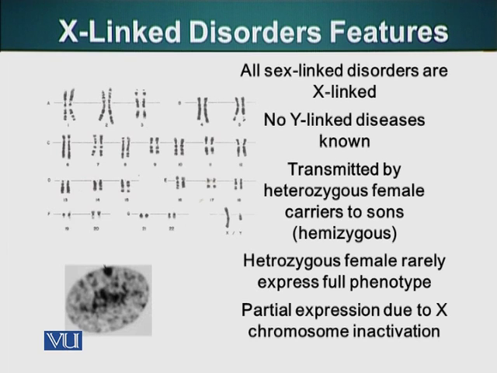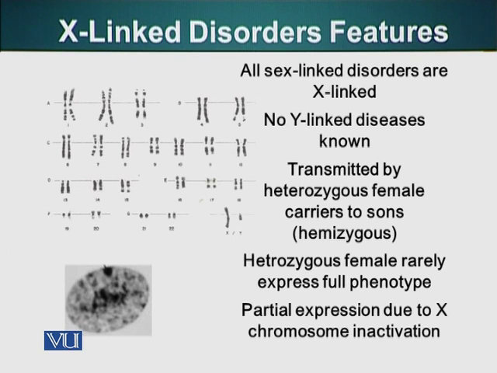So nature has evolved a mechanism in which one of the female X chromosomes is inactivated. This is dosage compensation, meaning that one X chromosome becomes inactive and one stays active. This process happens early during embryogenesis, and it is a random process.